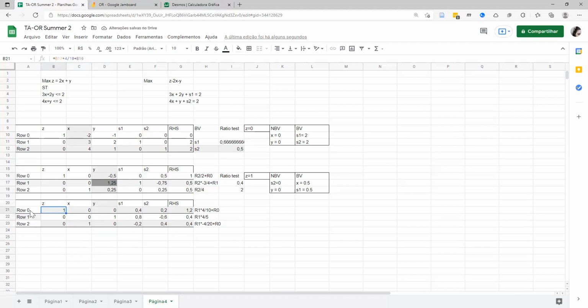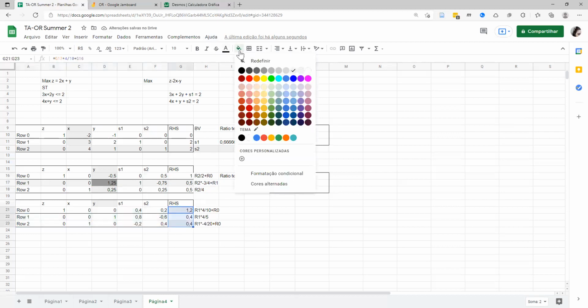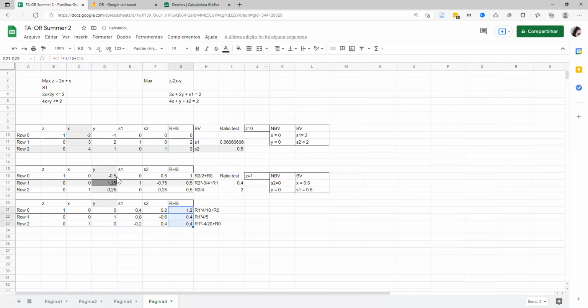Now, what happened is that I added my y and replaced the S1 with it. So now my non-basic variables are S2 and S1, because I replaced the y with S1.